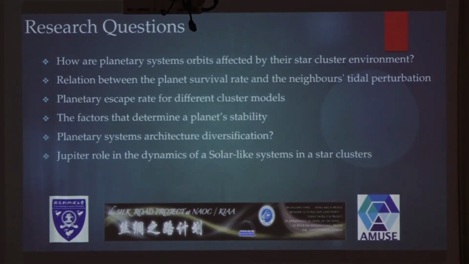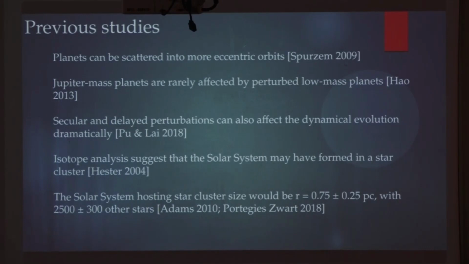The main research questions that I'm going to address here are related mostly to how the planetary stability is affected and how the planetary system architecture is dependent on the role of Jupiter. So dynamically, we know that planets can be scattered into more eccentric orbits, and this means that, for example, our solar system can be changed in its structure, basically.